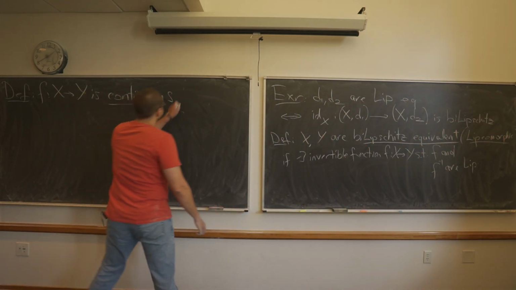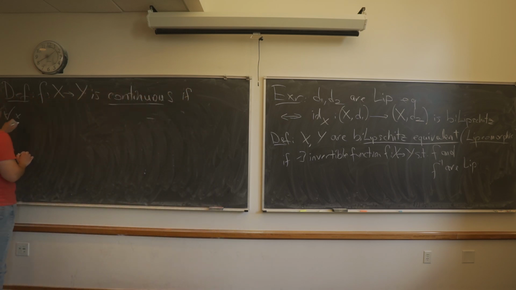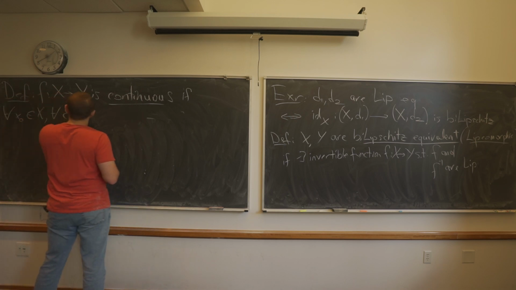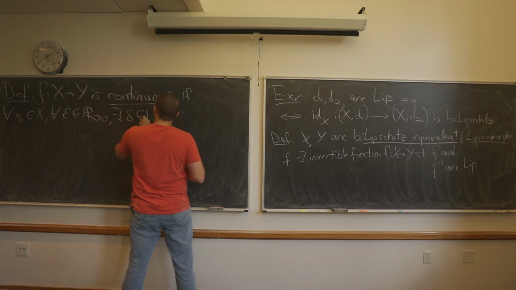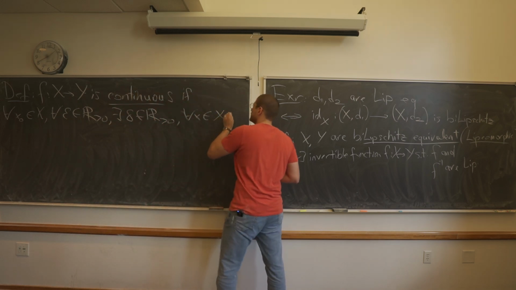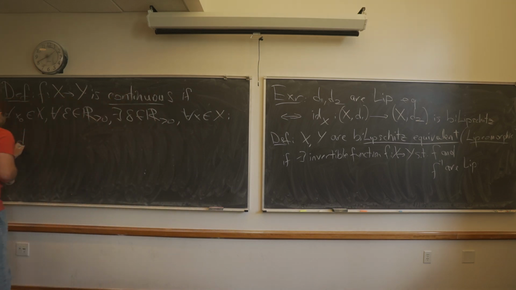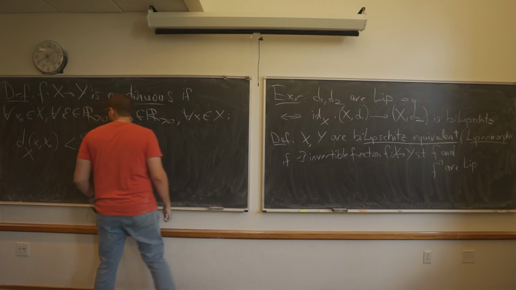If for any point x0, and for any epsilon, there's a delta such that for any x in X, if x is delta close to x0, then their images are epsilon close.